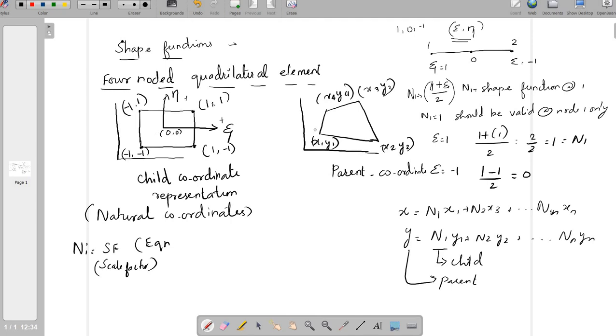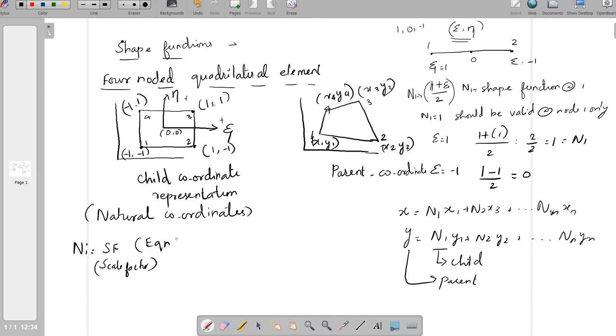I am giving the numbers 1, 2, 3, 4. So this first node comprises the equations of the opposite edges. What are the opposite edges? 2, 3 and 3, 4 are the opposite edges.